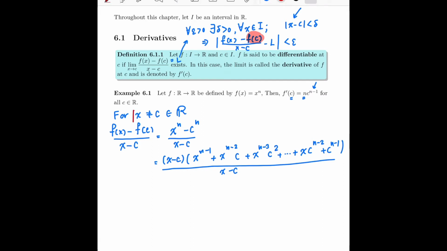However, because right now we are talking about all the x that are not c itself, this x - c is not going to be 0, so you can do the cancellation.